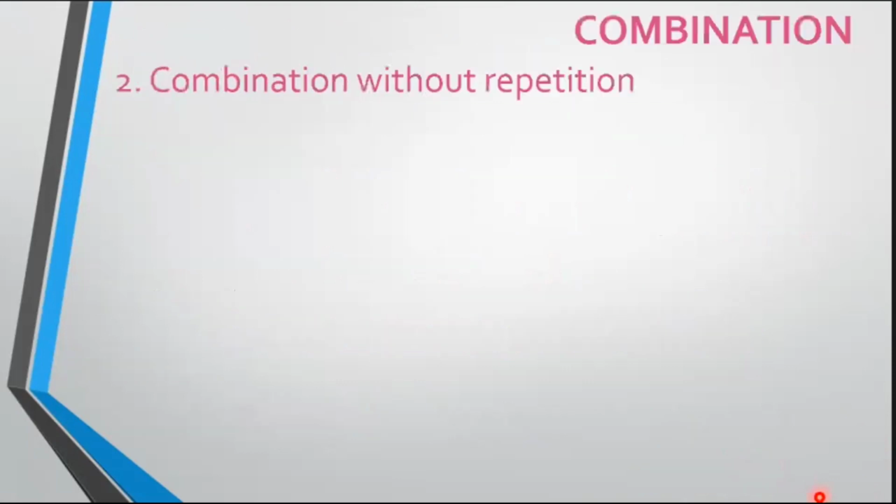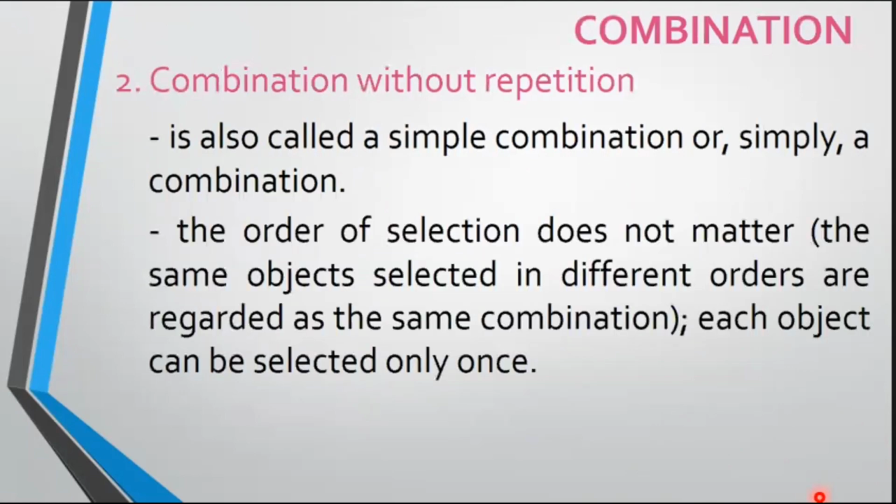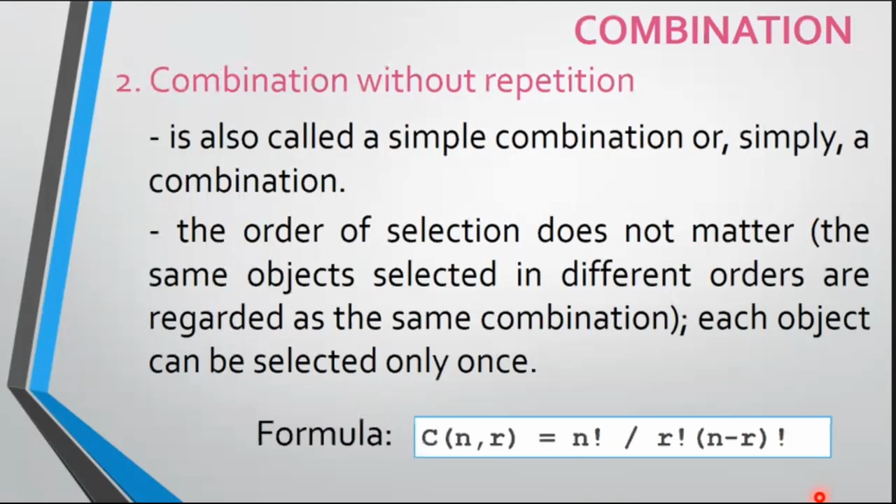So next, the second type in combination is the combination without repetition. This is also called a simple combination or simply a combination. The order of selection does not matter. The same objects selected in different orders are regarded as the same combination. So each object can be selected only once.